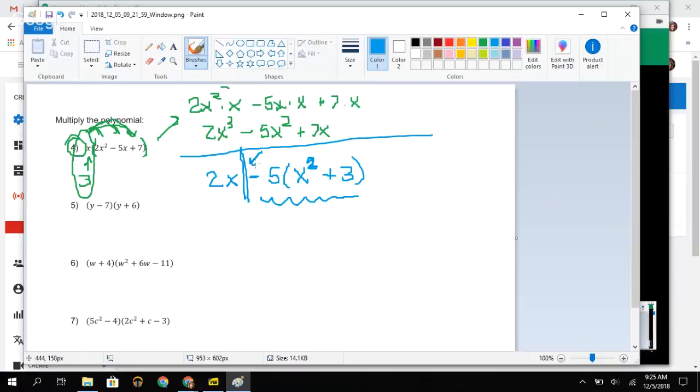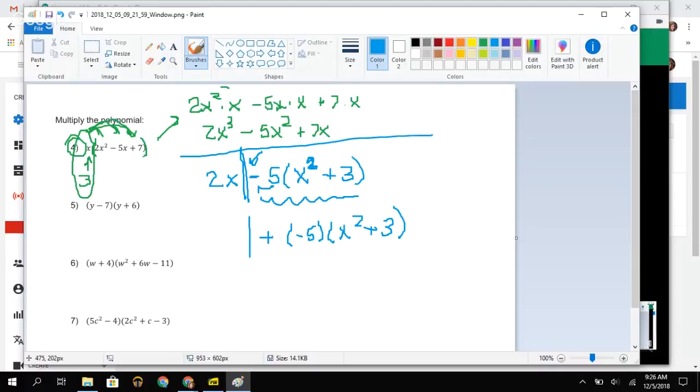And the fact that you're subtracting means that the negative needs to go along when you distribute. You could actually think of this as adding a negative 5 times x squared plus 3. A lot of times this will throw people off when they have a subtraction problem there, but just remember that the negative goes along with whatever number that is.